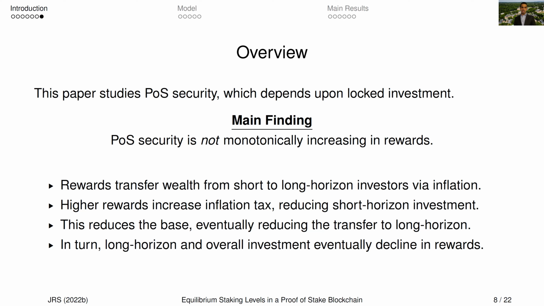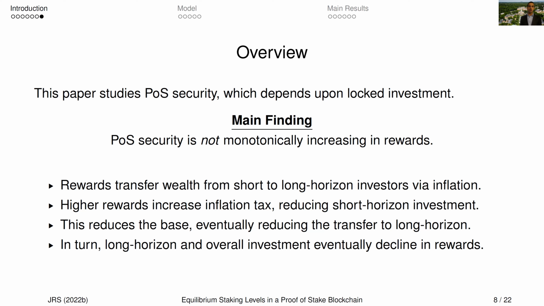Eventually you're getting a higher rate on a smaller base, and the reduction in the base is dominating the increase in the rate. So long horizon investors aren't actually gaining from the increases in rewards on net, and therefore their payoffs are going down, and they're also going to reduce their level of investment.